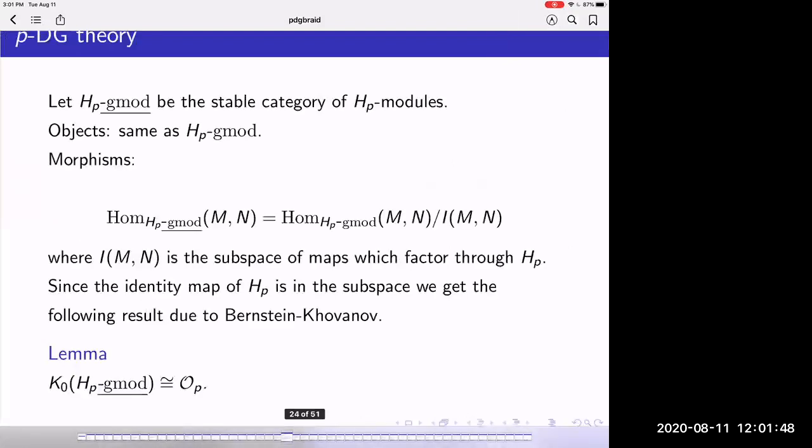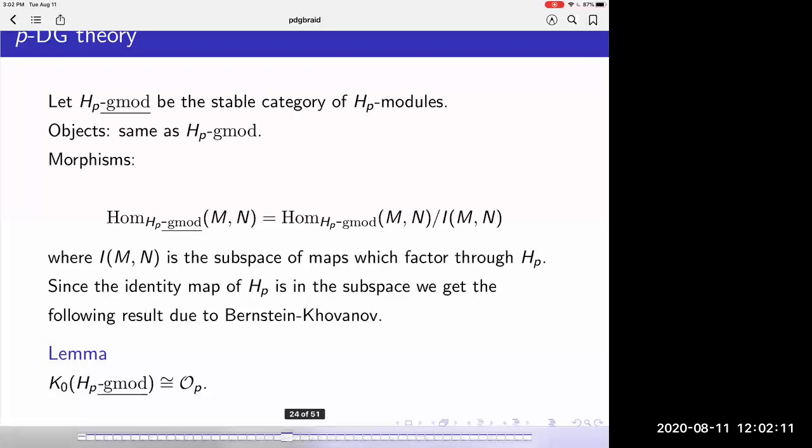So we let H_p-gmod underline be the stable category of H_p modules. So the objects are the same as the normal category H_p-gmod, but now the space of maps is cut down. So in the stable category, Hom between M and N is all H_p maps between M and N, but then we kill a certain subspace.